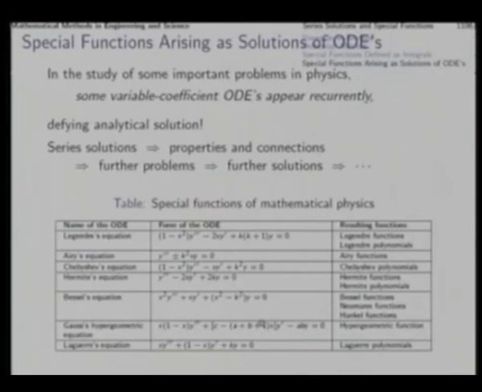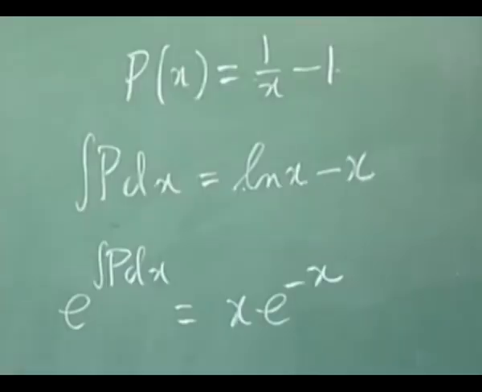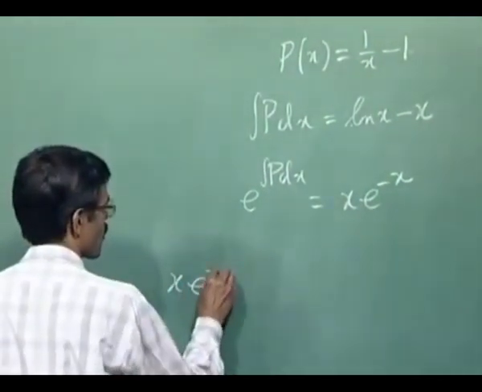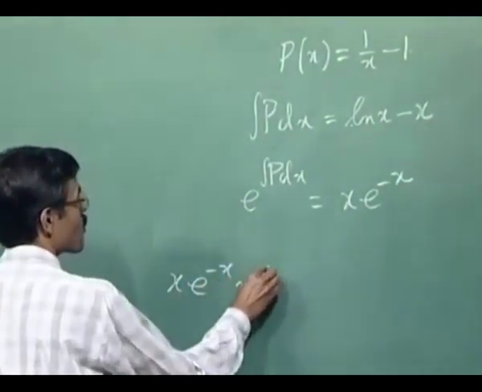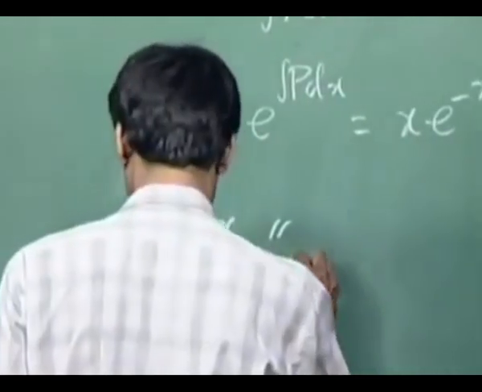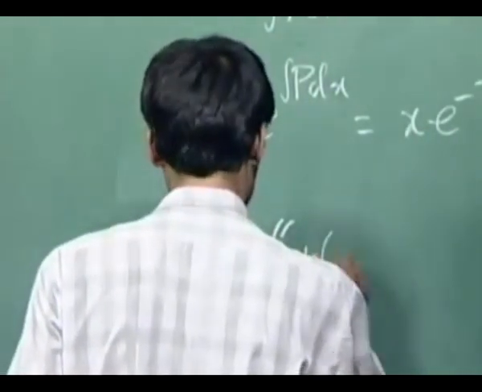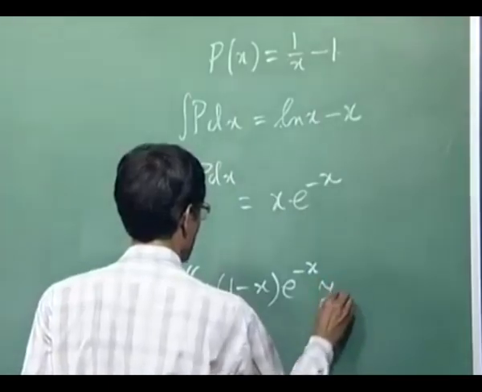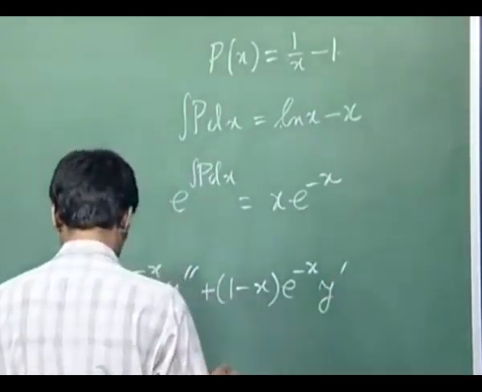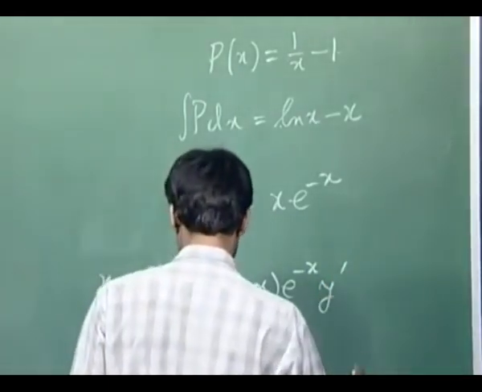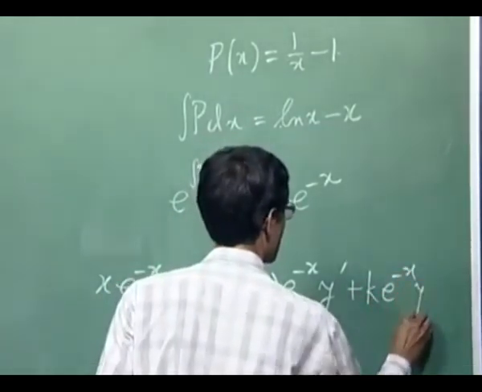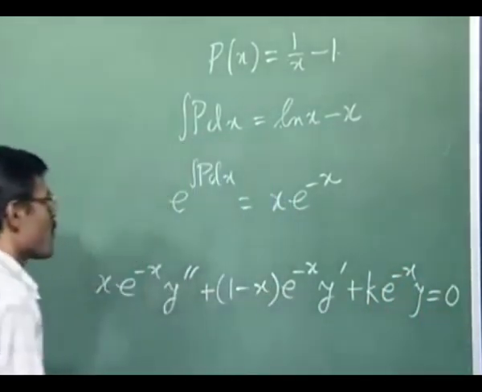As we multiply this equation throughout with e to the power minus x, we get this equation.